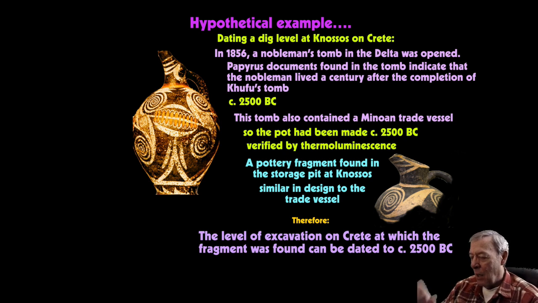So it's all relative and gives us a general idea of when something was created. It's never perfectly accurate, but it gives us a sense of the period of time when things were created as they are extracted from these excavations.